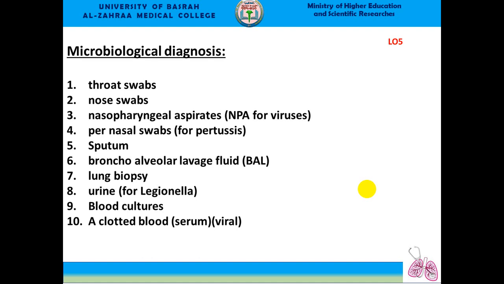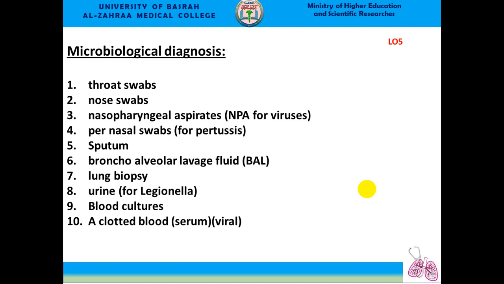And sputum examination is very important, so we ask the patient to provide us with sputum and we examine it. Sometimes there is no sputum, so we do what is called the bronchoalveolar lavage fluid examination by introducing a bronchoscope, and we do lavage or wash of the bronchoalveolar area, and we take that wash out.